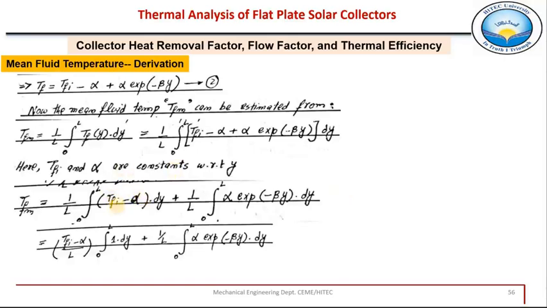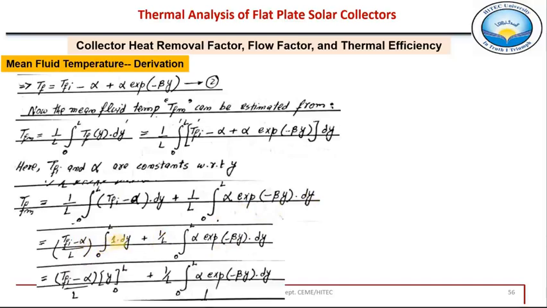So here this term is constant, so that is taken out, divided by L, 0 to L, integral of, now what is remaining, only 1 into dy plus 1 over L. This term is written as it is. Now here this integration will be simply y, so this term will be simply y, and limits are applied from 0 to L, and that term is written again, same as in the previous step.